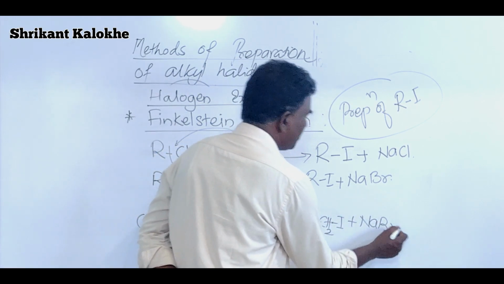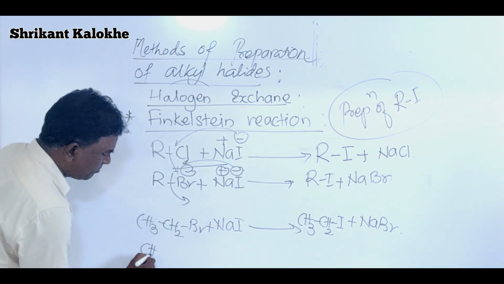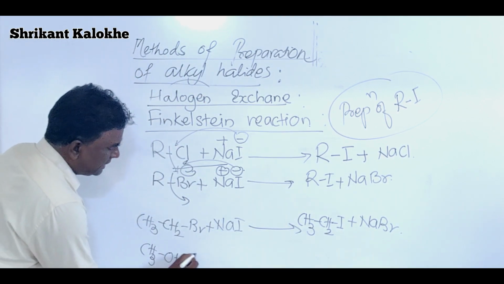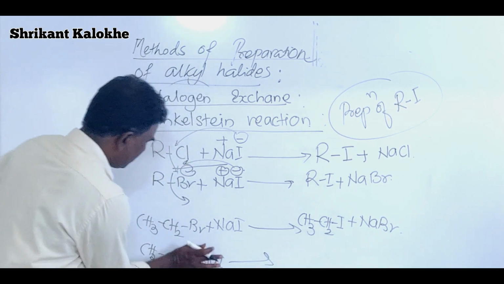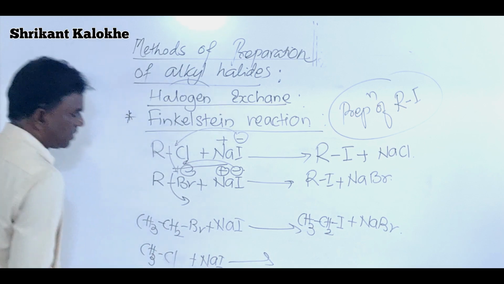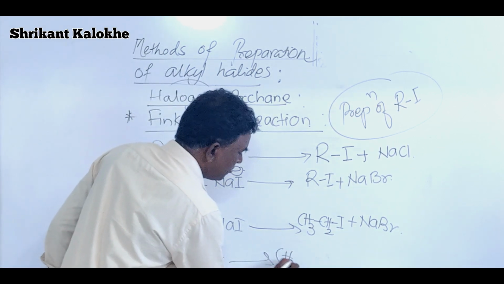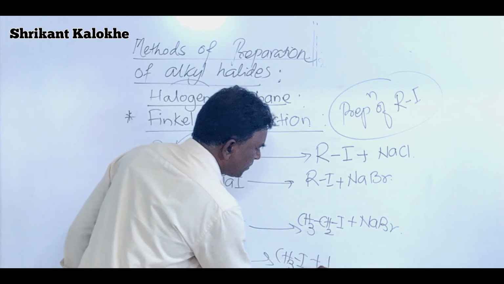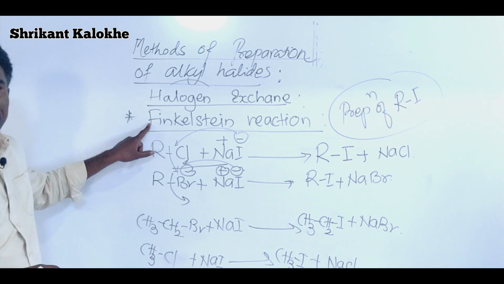In the same manner, if we take methyl chloride and it is treated with NaI, then you will get methyl iodide and the side product will be NaCl. This is a Finkelstein reaction.